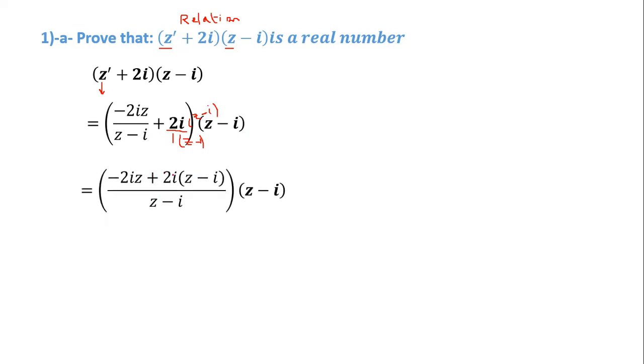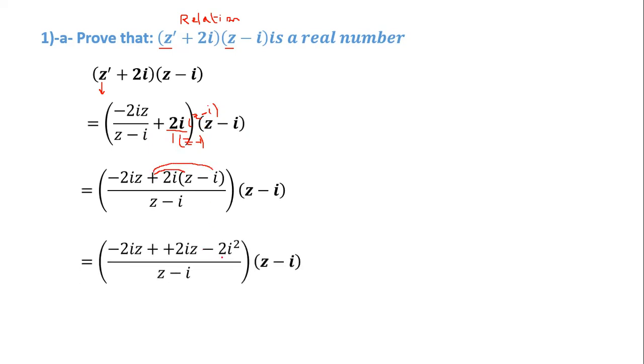Now we have to expand by multiplying 2i by the brackets. Use the fact that i squared is always equal to minus 1. Minus 2iz and plus 2iz cancel each other.